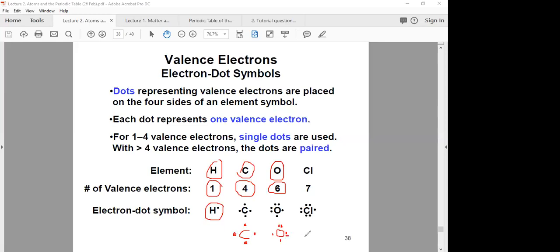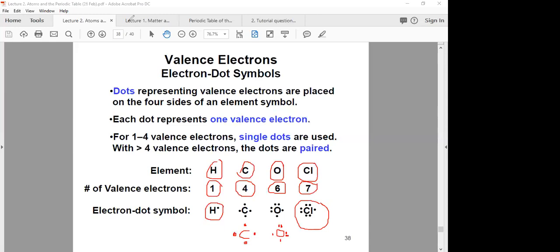And there we have a total of 6 valence electrons. And finally, chlorine. Chlorine's one of our halogens. It's found in group 7A, so it has 7 valence electrons. And here we have the electron dot symbol for chlorine with its 7 valence electrons.